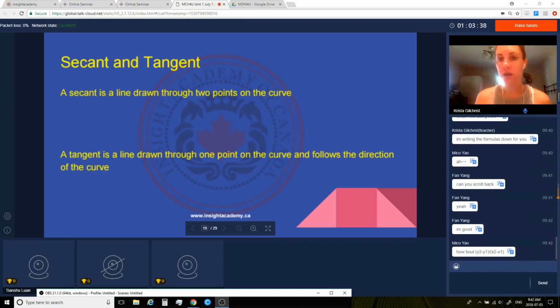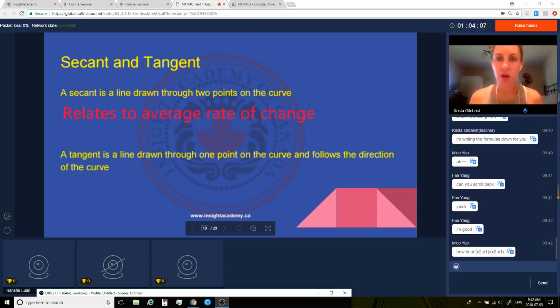Okay, so a secant relates to the rate of change, specifically the average rate of change, okay? If you hear the word secant, it's talking about the average rate of change, and that's because it's between 2 points on the curve. So 2 points in time, and you want to find the average between them. So secant relates to the average rate of change.